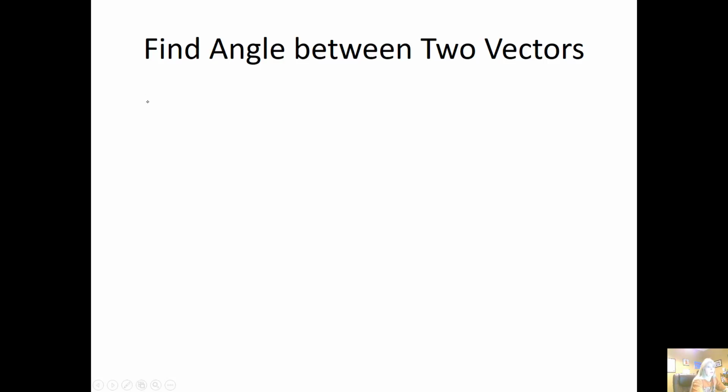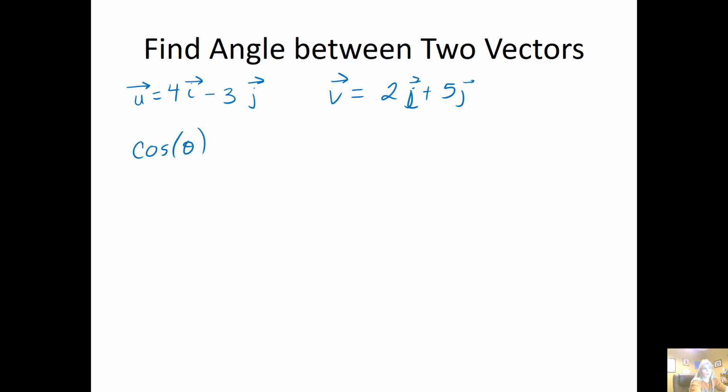Let's say I want to find the angle between vector u, which is 4i minus 3j, and vector v, which is 2i plus 5j. Since you're just learning the formula, I would go ahead and rewrite it so we can start plugging everything in.